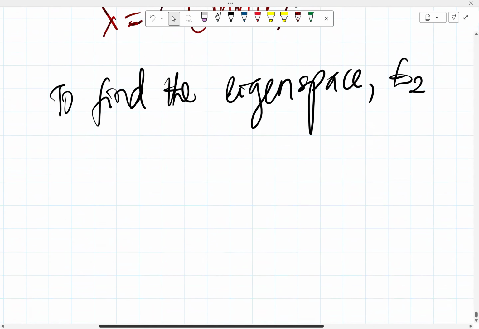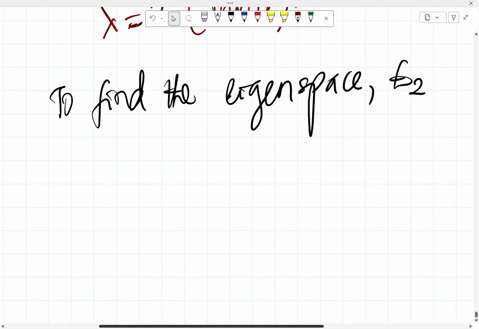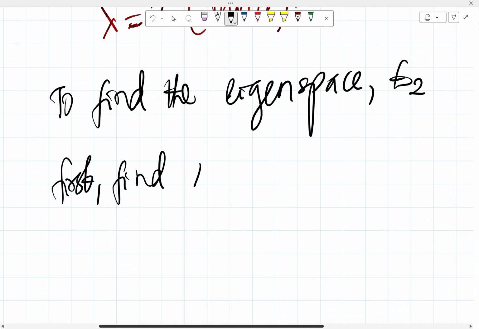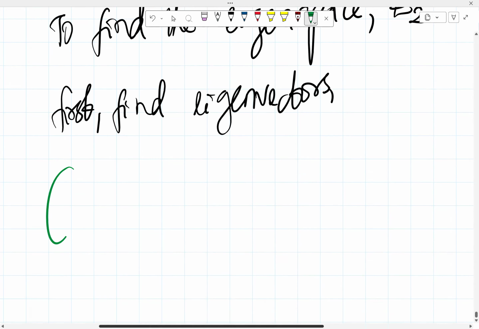So first, find eigenvectors. And how do we find eigenvectors? Just come here and say that you are looking for A minus lambda I times v equal to 0.